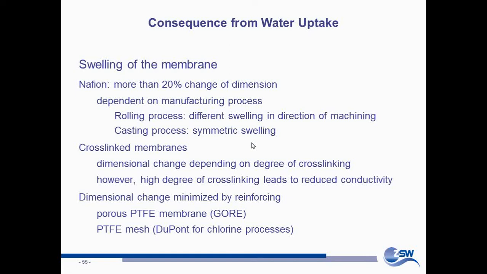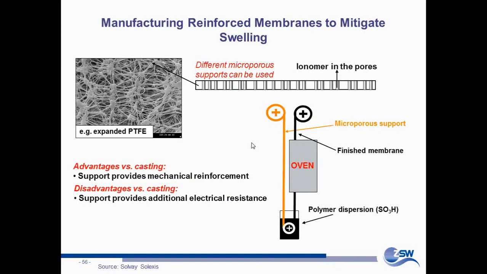That's a lot of strain these materials will have to absorb if they are run in a fuel cell environment. There's a lot of force behind it. And also the issue of lamination is very important.